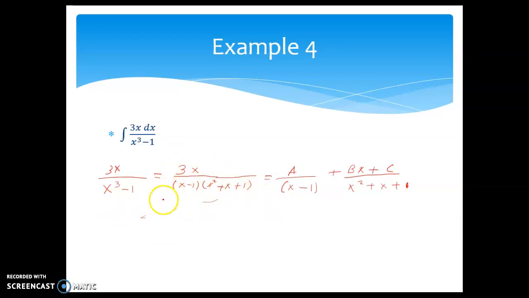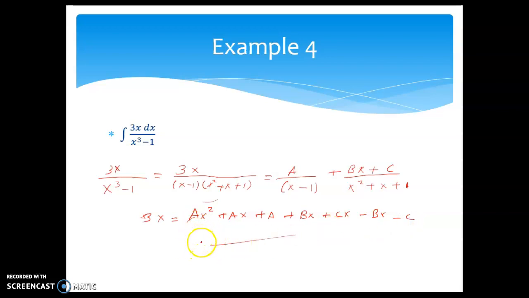Okay, so now we are going to multiply both sides of the equation with this. So then I'm going to have 3x equals ax squared plus ax plus a plus bx plus cx minus bx minus c.